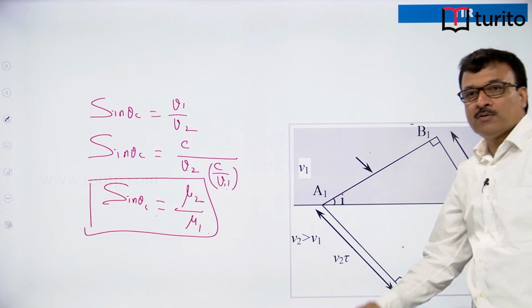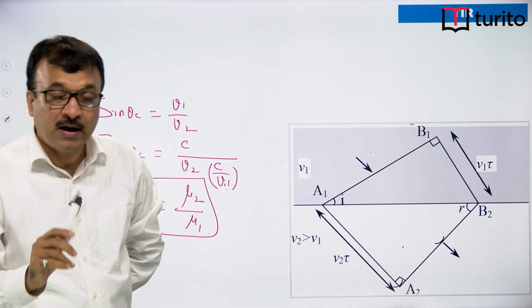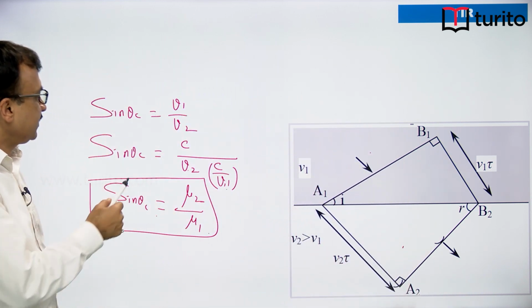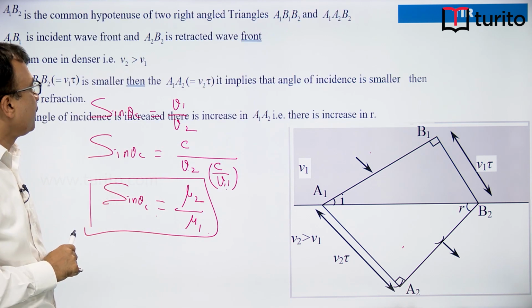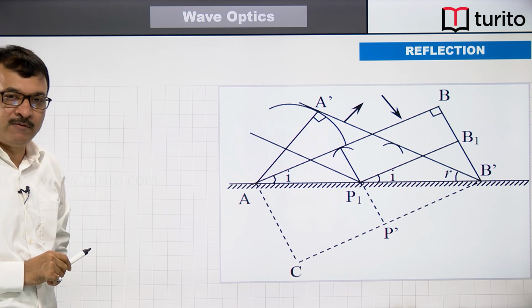So, we have explained TIR using Huygens principle. This is the way we explain it. Now, this is the reflection.